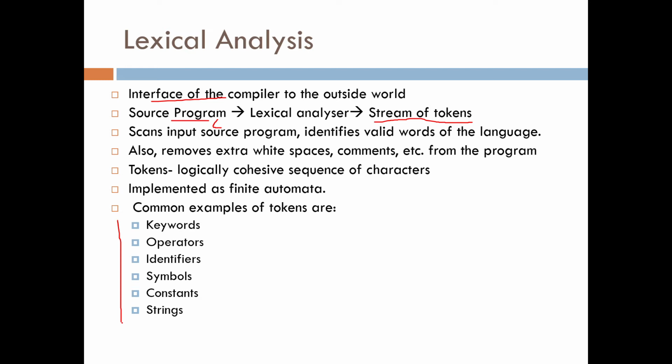Whenever you try to learn a new language, you are taught what are the keywords in this language, what operators you can use, what are the rules to generate the name for an identifier. Identifier is nothing but a variable name which you give. Symbols, various symbols which are allowed, and there could be some constant numbers in the program, there could be some strings. Say printf statements have strings inside, some text inside double quotes, so that is referred to as strings.